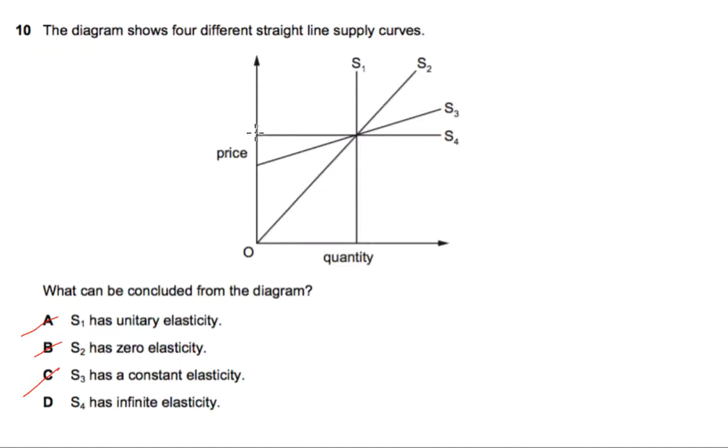And we know that this is true from the graph, because S4 only works at one point. If the price falls even by a single percent or a single point, so if it goes even here or here, there's an infinite change in the supply. So this is an infinite elasticity graph. So that means that the correct answer is option number D.